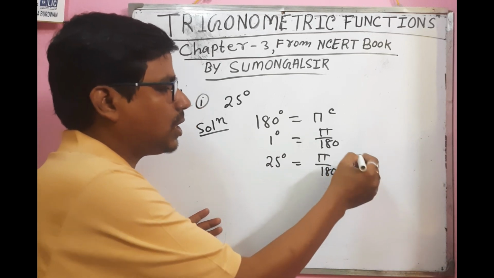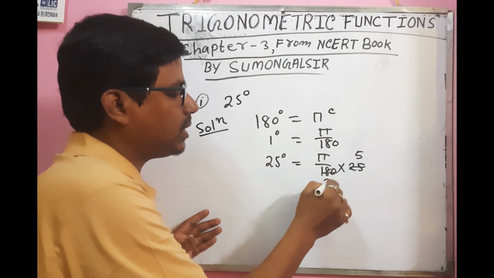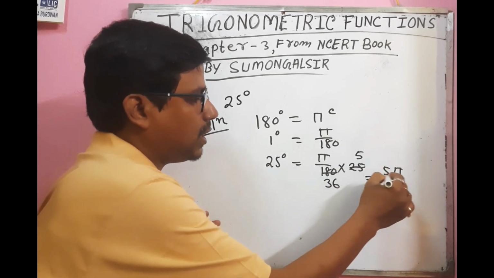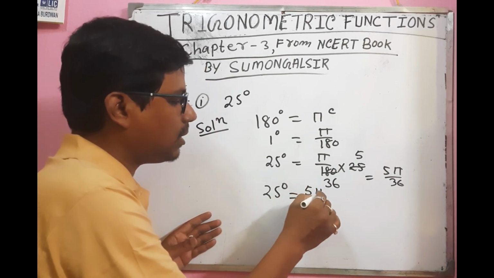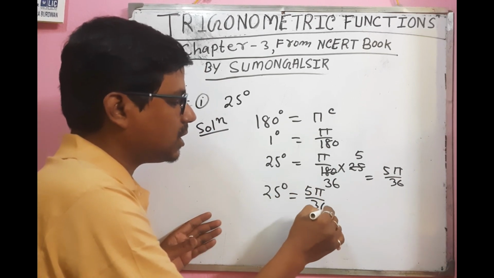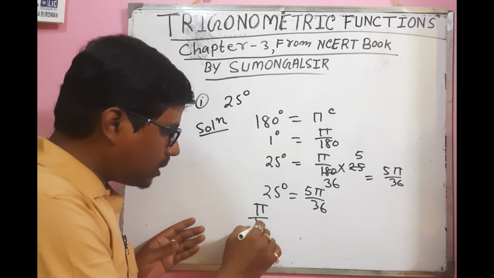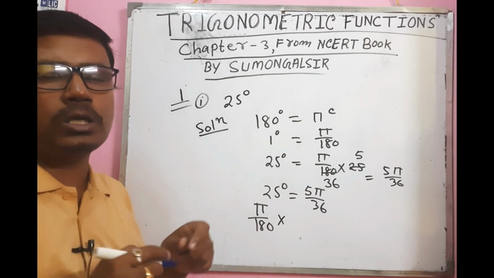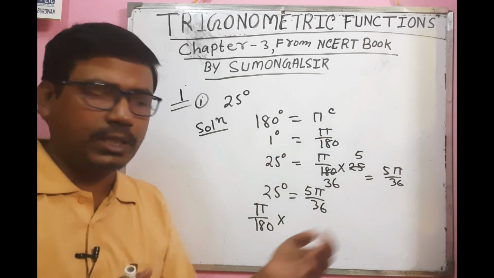If we divide 25 and 180 by 5, we get 5 and 36. So 25 degrees is equal to 5 pi by 36 radians. That is, pi by 180 is the unit to convert an angle from degrees to radians.